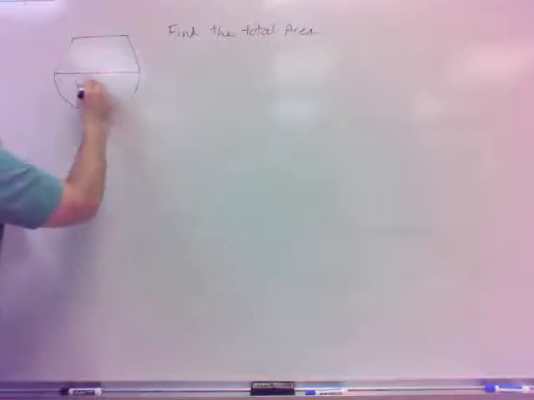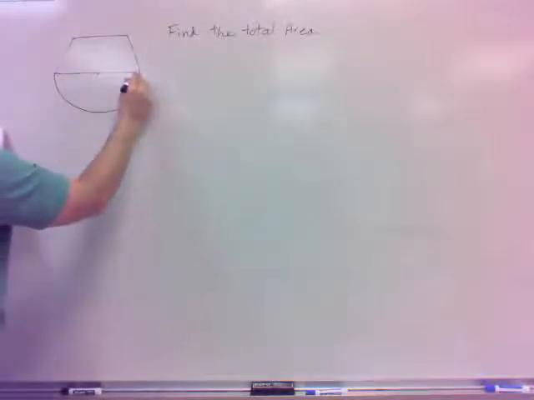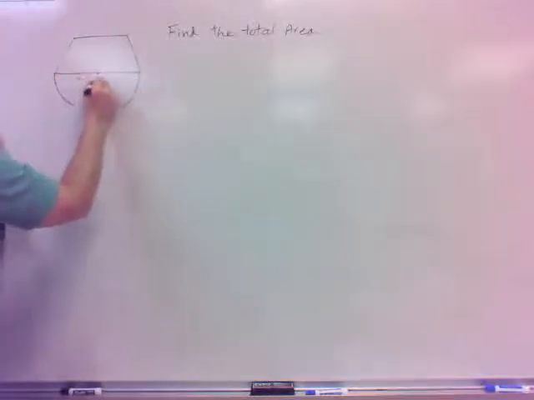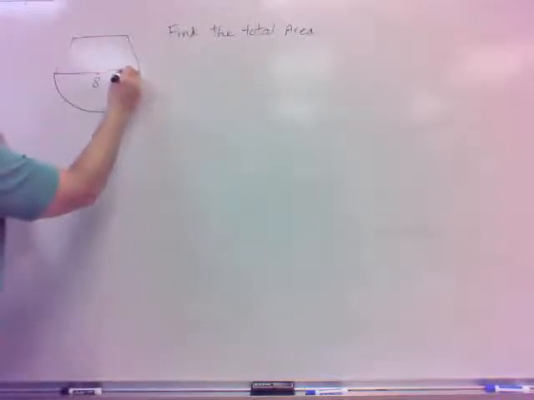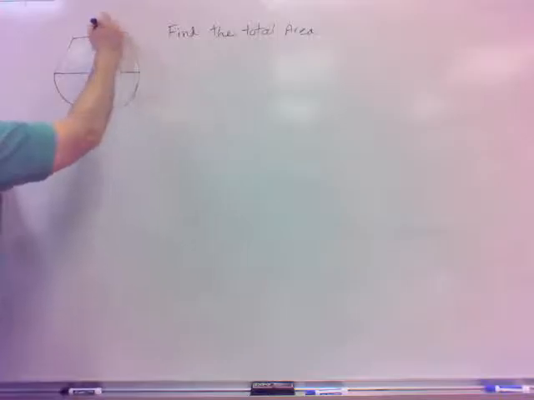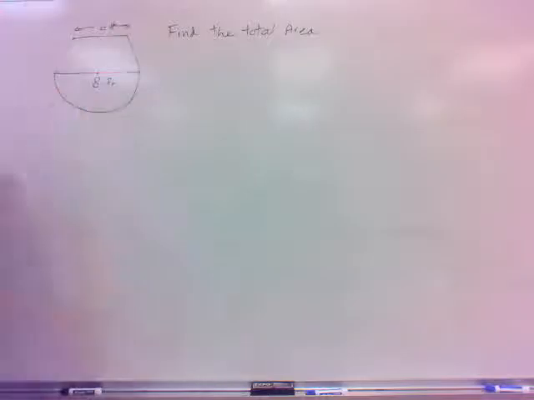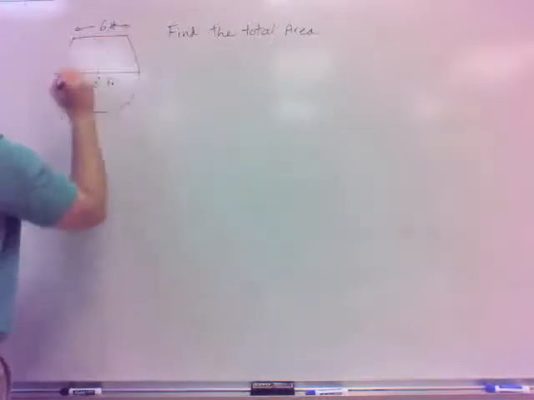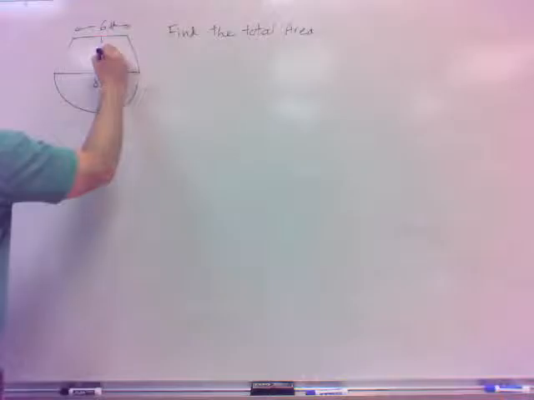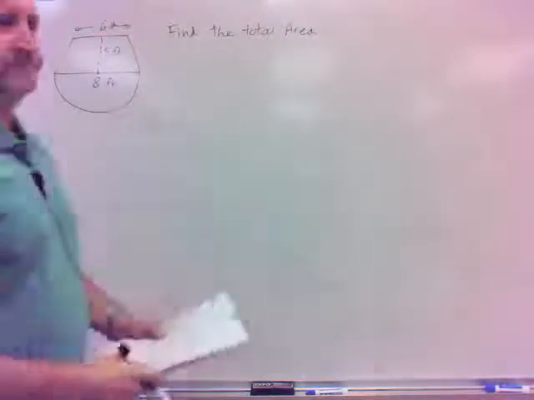Okay, so let's say that's 8. This is 6 across up here, and let's say this is feet. And I need to know one more thing, and that is this, which looks like 5 by my drawing.